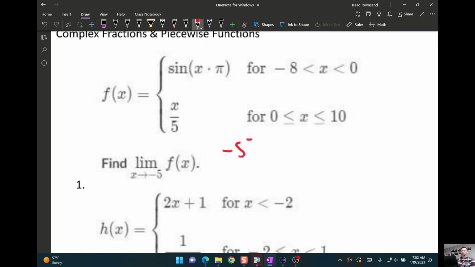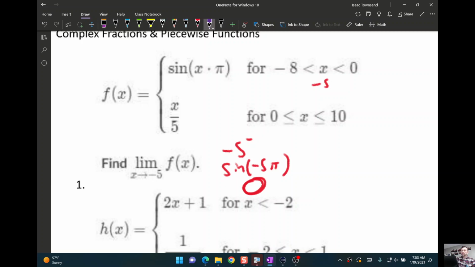Top one. Good. Because -5 is somewhere between -8 and 0. So if I plug that in up here, I get the sine of -5 pi, which I got to think about for a second. -5 pi is coterminal to -1 pi, and their sine is 0.